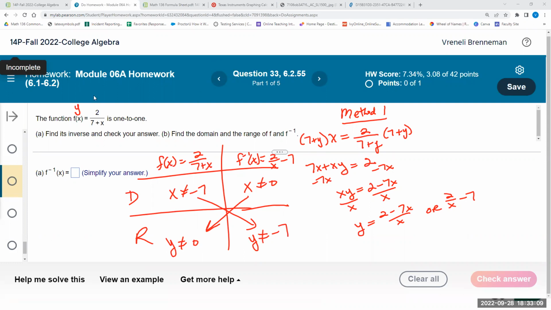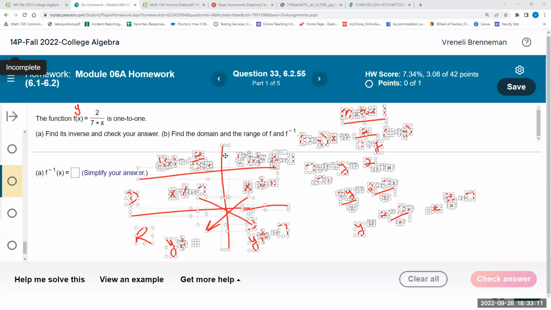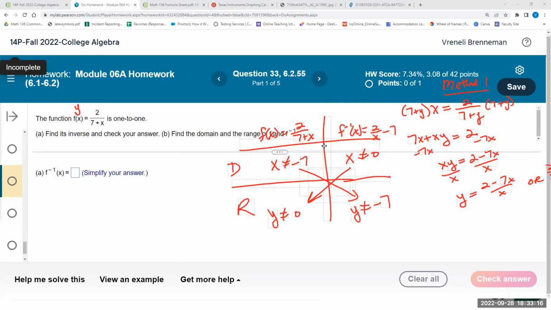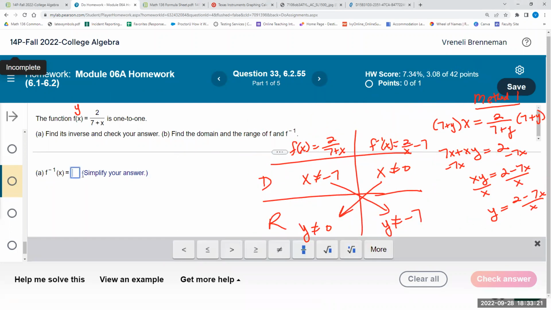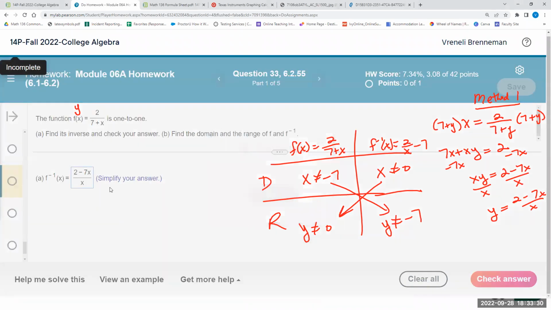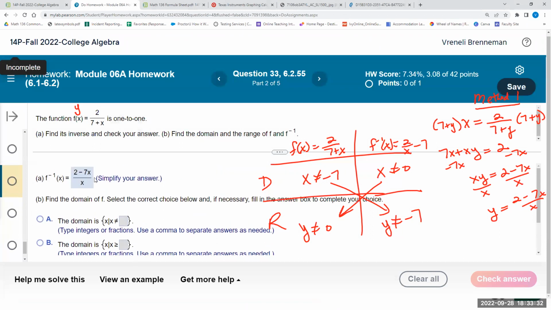So that's what we have there. Let me move these a little bit out of the way. All right, so the f inverse was, and I think you could do either way, 2 minus 7x over x. I'm pretty sure it accepts 2 over x minus 7, but not 2 over x minus 7x.